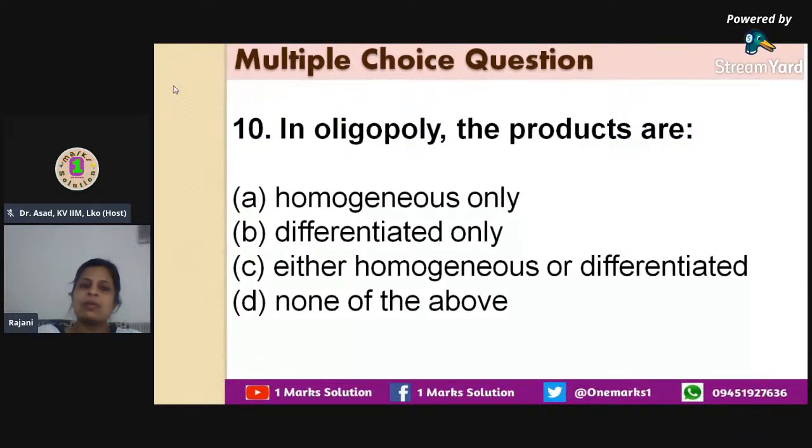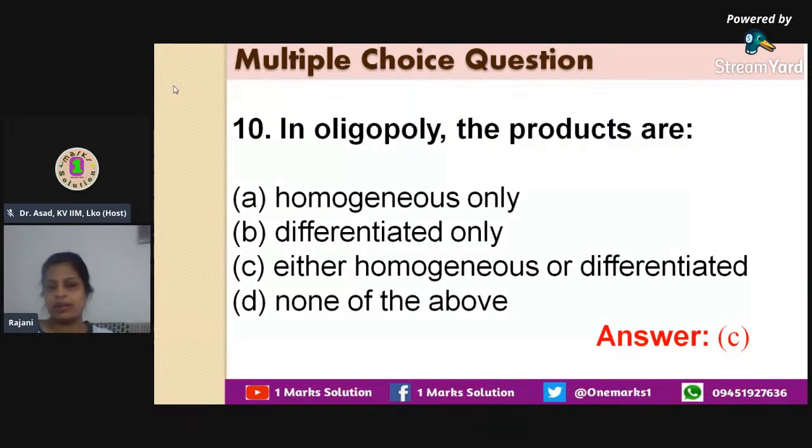From my explanation, I hope you got the answer. Oligopoly can produce either homogeneous or differentiated products. I think that is the correct option, because homogeneous means identical products, or they can produce differentiated products. They can produce both.